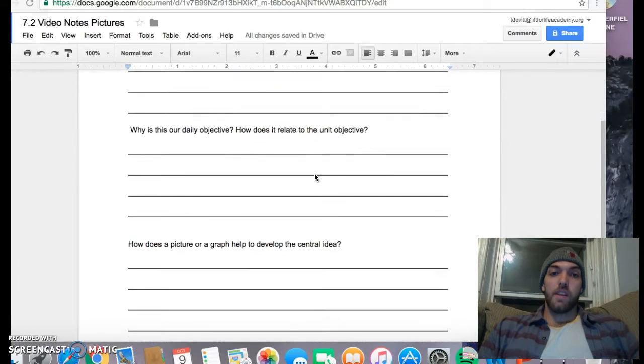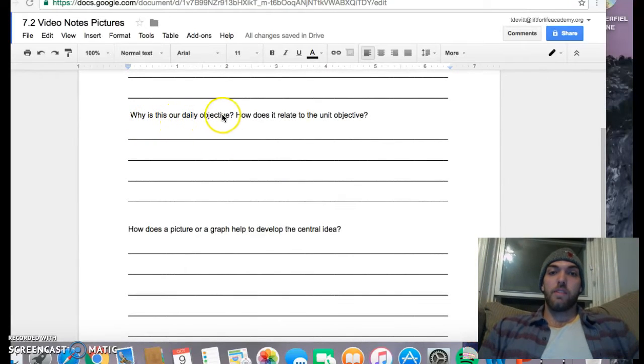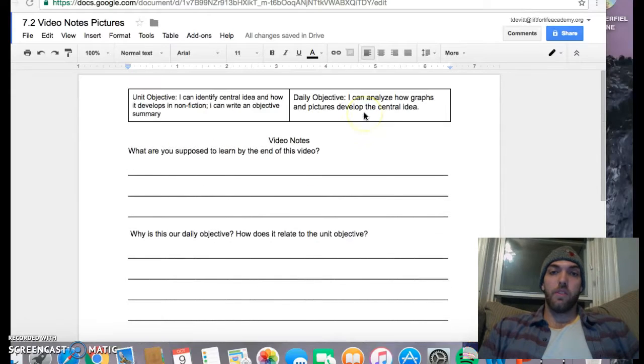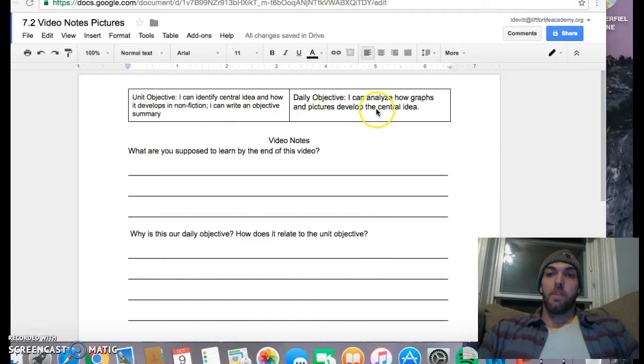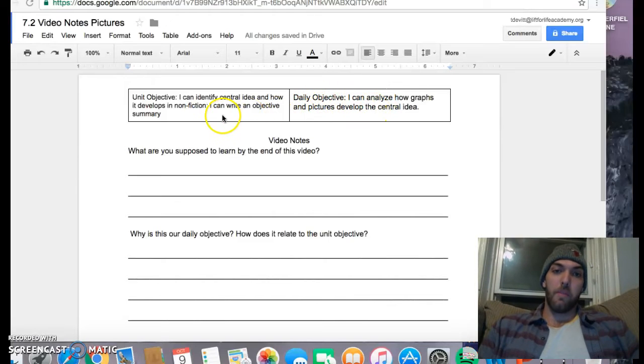Okay? The second piece of that is why is this our daily objective? How does it relate to our unit objective? Well, we know our unit objective is identifying how the central idea, I can identify the central idea and how it develops in nonfiction. Okay, so it's a pretty clear relation here. We're going to learn first up here how our central idea develops using pictures, and why do we care about that?